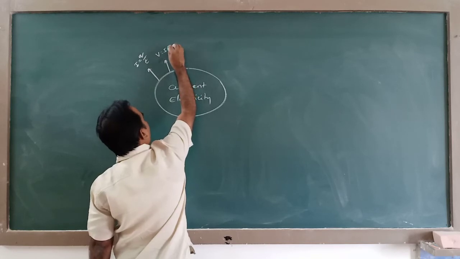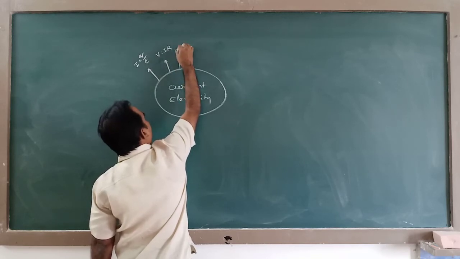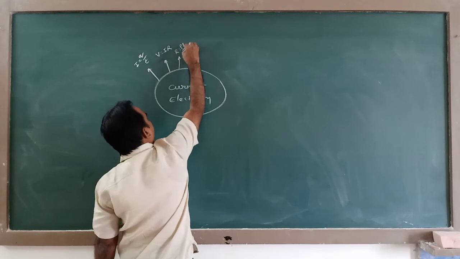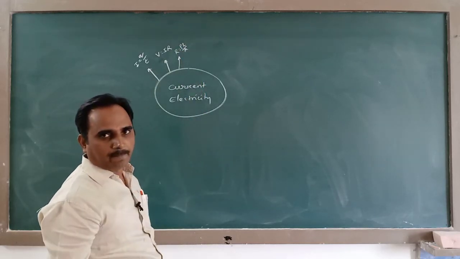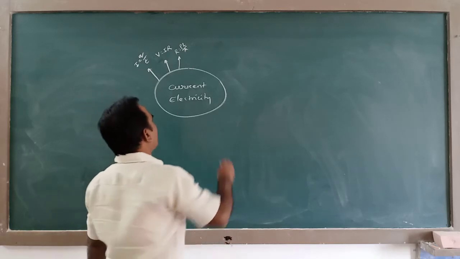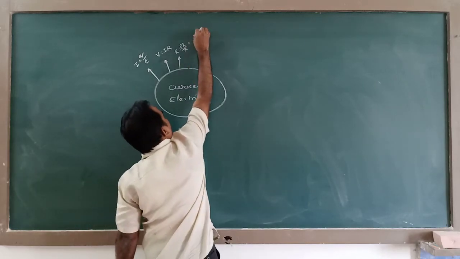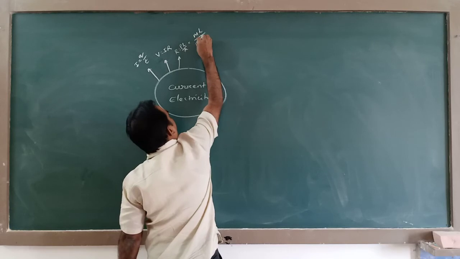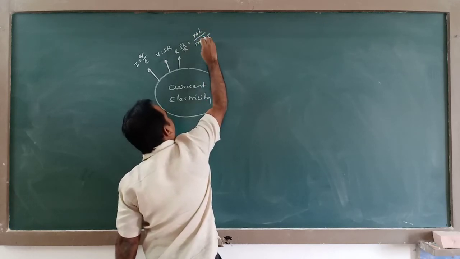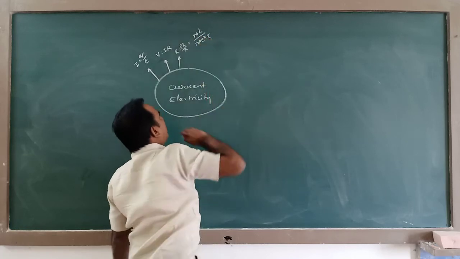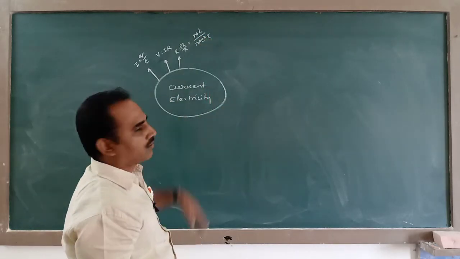So this R can be written as rho L divided by A. Rho L by A. And you also wrote this equation as m L divided by N A e square tau. I am not writing anything new. The equations which I derived, I mentioned here.